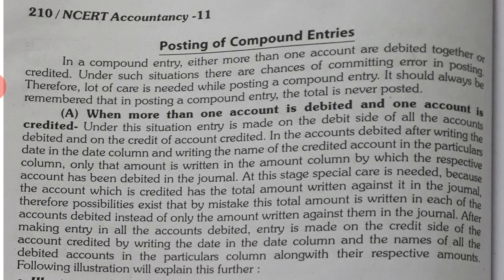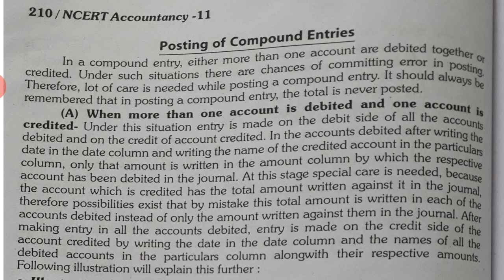When we make the entry in all the accounts debited, entry is made on the credit side of the account credited by writing the date in the date column and names of the debited accounts in the particulars column.